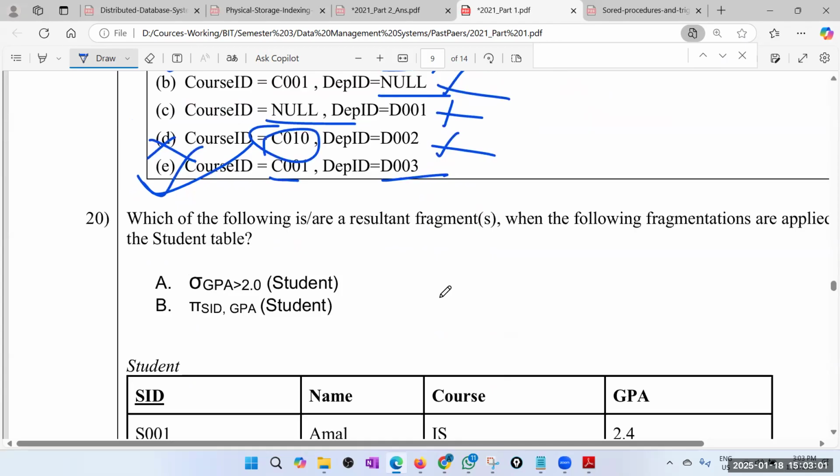At 20. Which of the following is are resulting fragments when the following fragmentations are applied to the student table? This is horizontal fragmentation. This is a vertical fragmentation. GPA greater than 2, horizontal fragmentation.